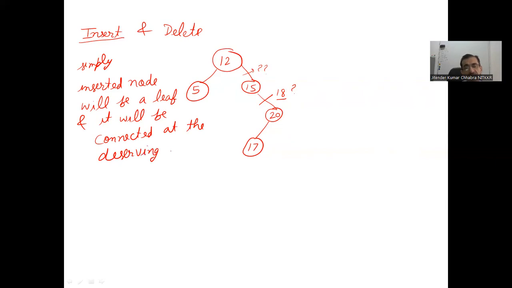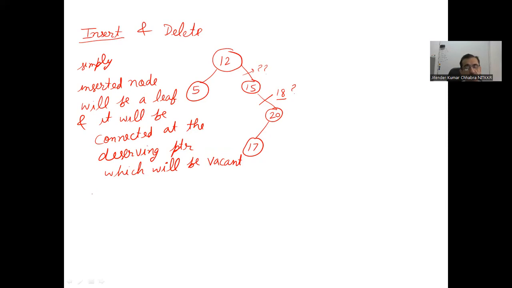The deserving pointer which will be vacant means either the left pointer or the right pointer will be available as vacant. Only at that place I will insert. And the good part is this will always be possible.